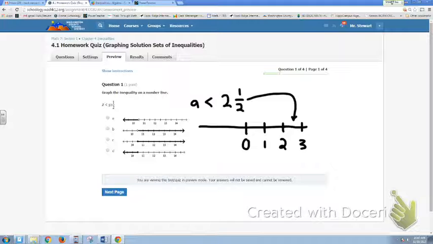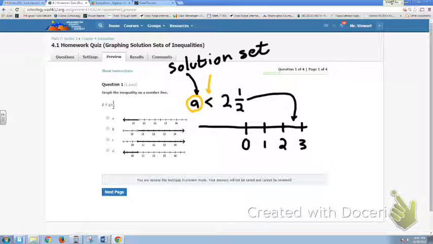And there's a few things you need to remember about this. First of all, A is representing the solution set. The solution set is just a fancy way of saying all of the numbers that A could be in order for this to be true, in order for this to be less than 2.5.